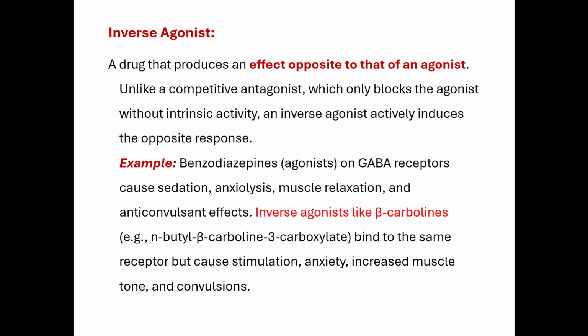Tamoxifen is given in management of breast cancer. But when you look at how breast cancer happens, it is as a result of too much release of estrogen. Estrogen is getting released a lot, and it is stimulating those estrogen receptors.